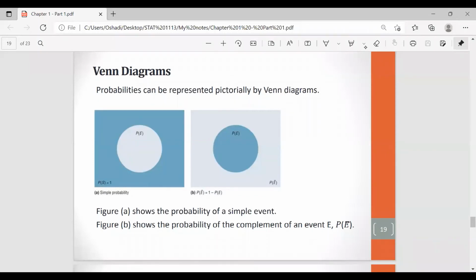So here in the Venn diagram, the square is indicated. The probability of the sample space is denoted using this whole square.